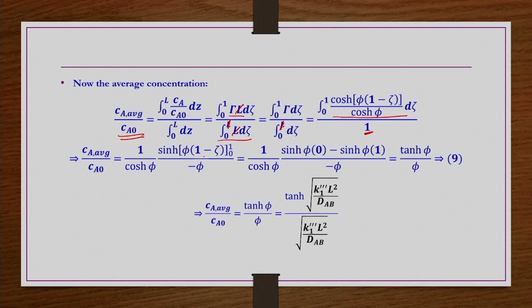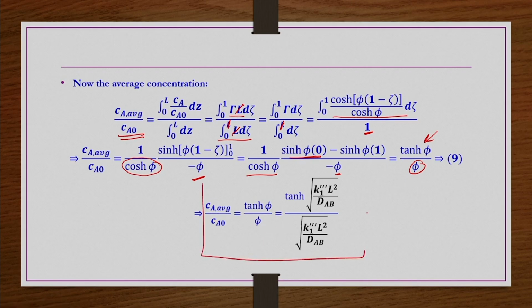So, that is sin hyperbolic of phi times (1 minus zeta) divided by minus phi, with limits 0 to 1, divided by cos hyperbolic phi, which is a constant. If you substitute the limits 0 to 1, sin hyperbolic of phi times 0 minus sin hyperbolic of phi times 1, this term is 0, and then sin hyperbolic of phi divided by cos hyperbolic of phi is tan hyperbolic of phi, and this is divided by phi. So, Ca average by Ca naught is nothing but tan hyperbolic of phi divided by phi.